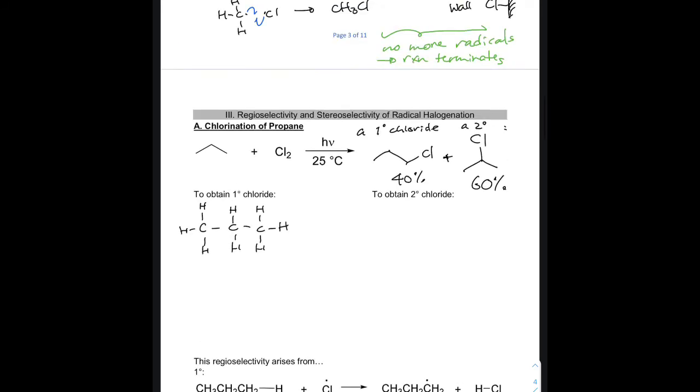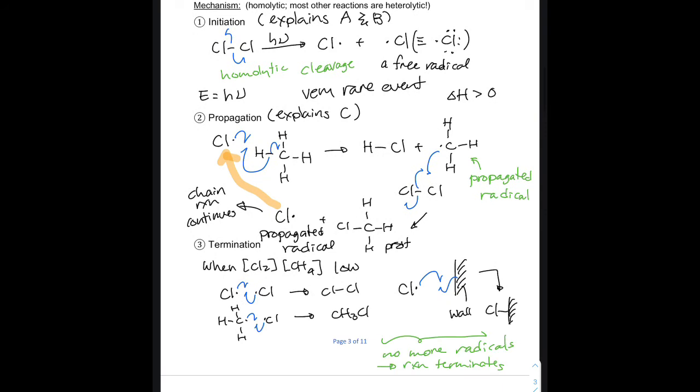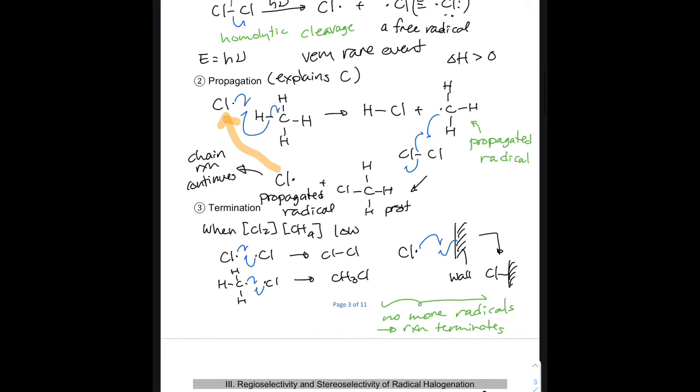To obtain it, let's think about the hydrogen that the chlorine radical will have to abstract. I just want to remind you that after the initiation step where the chlorine breaks up, you go through a propagation step where the chlorine radical abstracts a non-radical hydrogen from the alkane. Right, that has to happen.